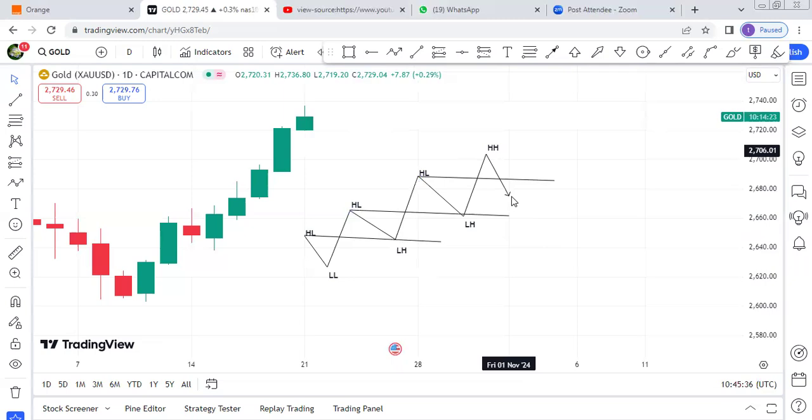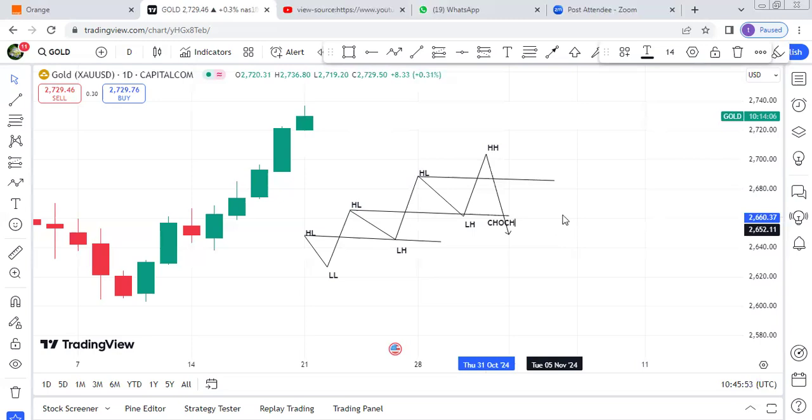Now, in a situation whereby the market breaks the lower low, we say the market is changing character. If the market is changing character, what do we expect from the point of a lower high?